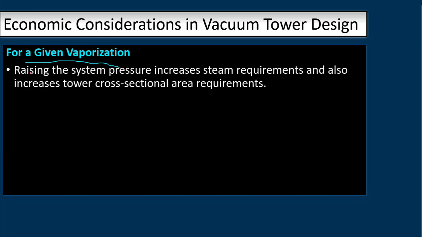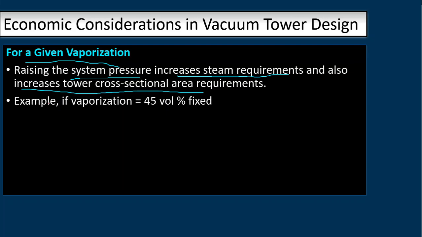Now let us discuss the economic considerations. What it means is, suppose we are going to fix the vaporization in the flash zone, then what happens? Raising the system pressure in the flash zone increases the steam requirements and also increases the top tower cross-sectional area. Let us discuss.